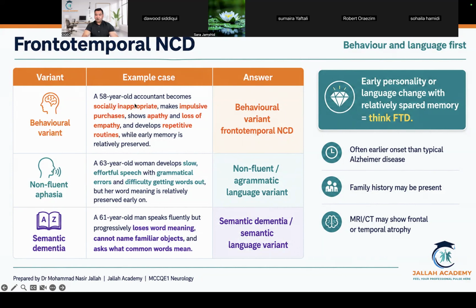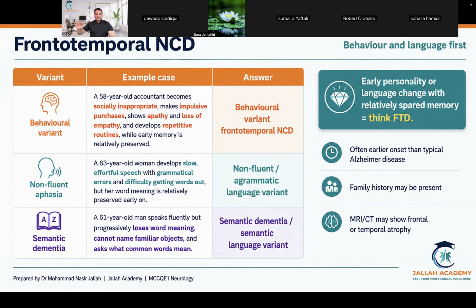The patient will be socially inappropriate. For example, the patient was a very nice guy, a professor, and suddenly starts touching people, sexually assaulting people. For a professor who used to teach at a university, touching people inappropriately is not his personality. So the personality has changed.